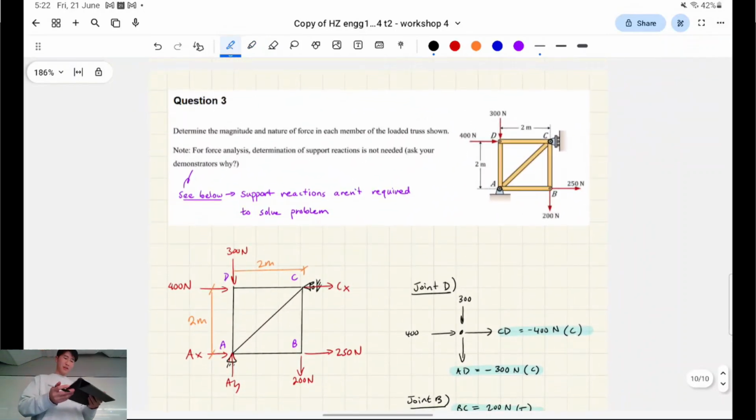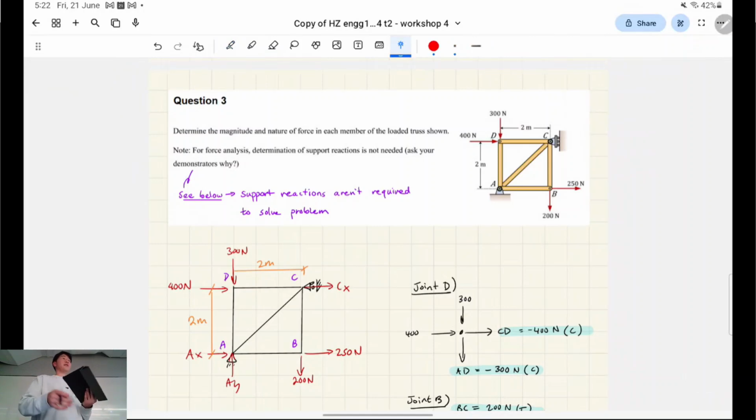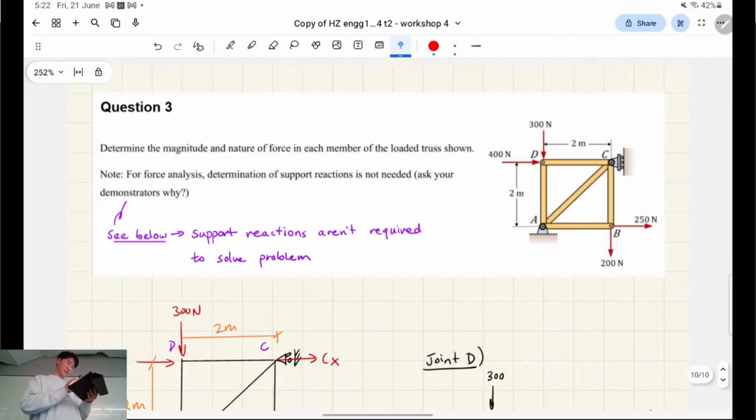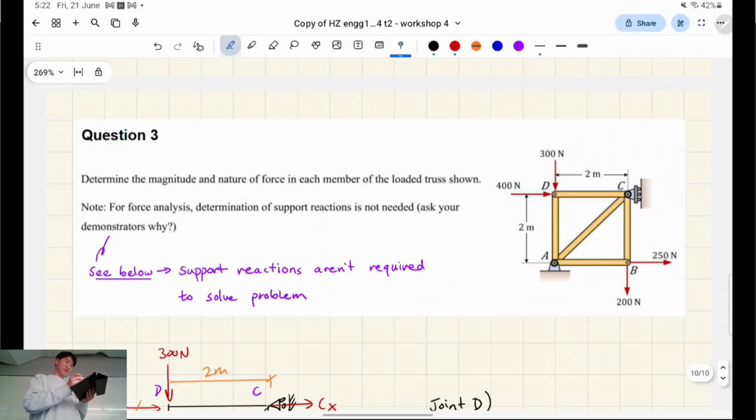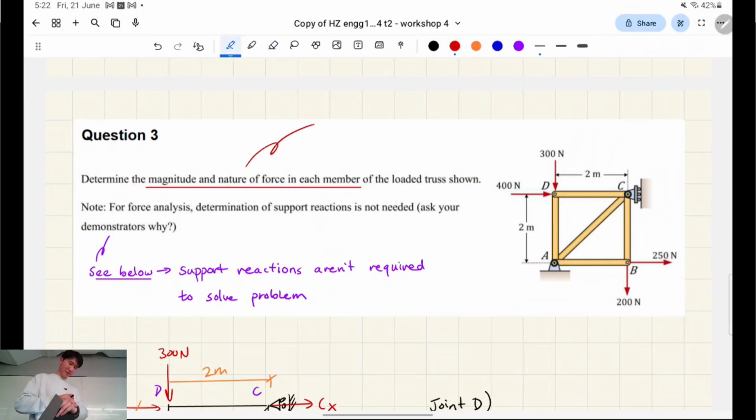So lastly, and I'm just going to run through this theoretically. Not to spoil it, but it says determine the magnitude and forces of each member for this truss system. So which type of method are we going to use? Very good.